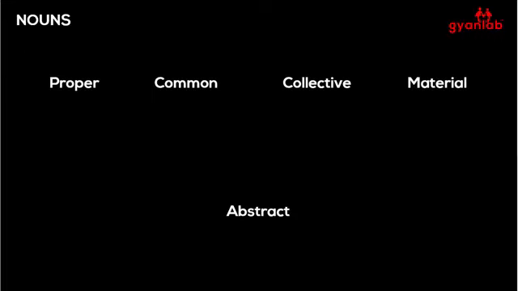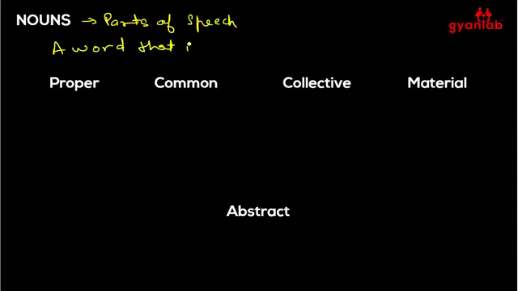So noun is basically a very fundamental unit of part of speech. Noun is the first thing that we will learn in parts of speech, and it means nothing but a word that is used for naming anything.